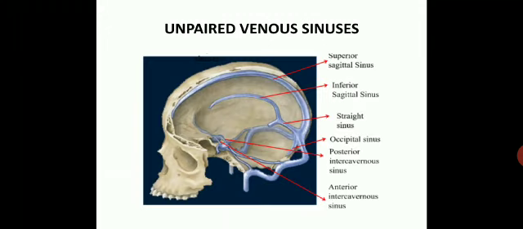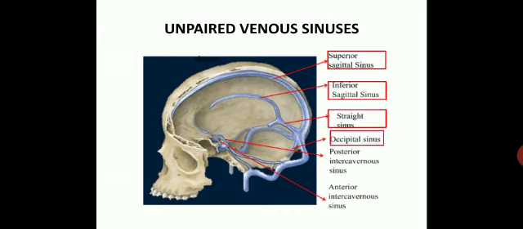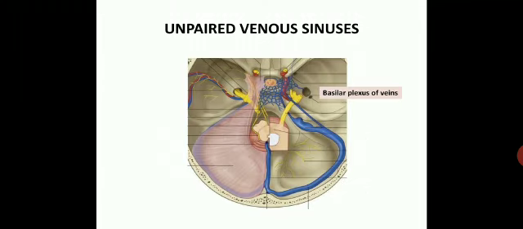So, the locations of the unpaired venous sinuses: the superior sagittal sinus, inferior sagittal sinus, the straight sinus, occipital sinus, posterior intercavernous sinus, anterior intercavernous sinus and the basilar venous plexuses.